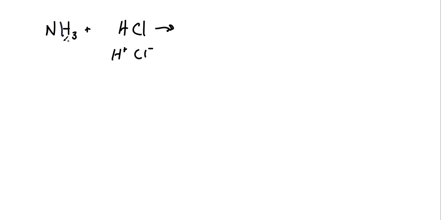So because this is all covalent bonding, it will not form ions. What will happen is actually the ammonia will pick up the 4th hydrogen, gaining a positive charge, becoming ammonium. And what will be left over is chlorine ions. So this will form ions.